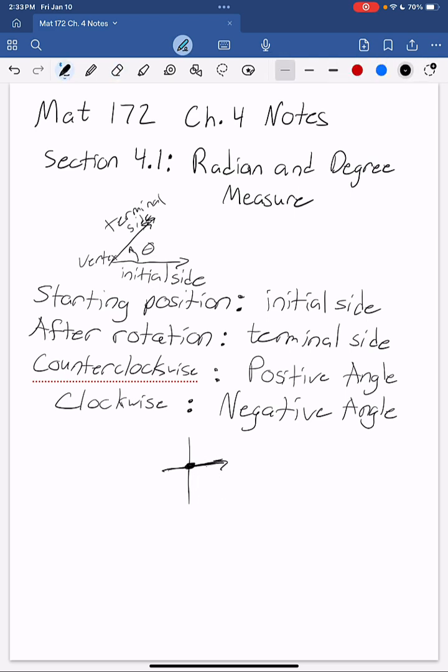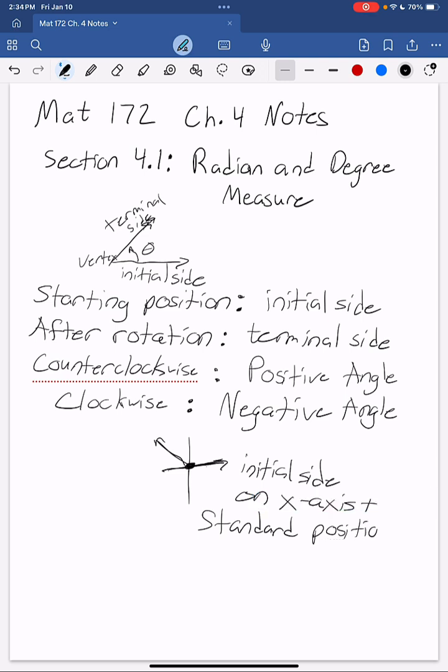Okay, so we have the initial side here, and it is on the x-axis, and it's the positive x-axis. Okay, so this angle, no matter what the terminal side is, will always be said to be in the standard position. Okay, so that angle is in the standard position.